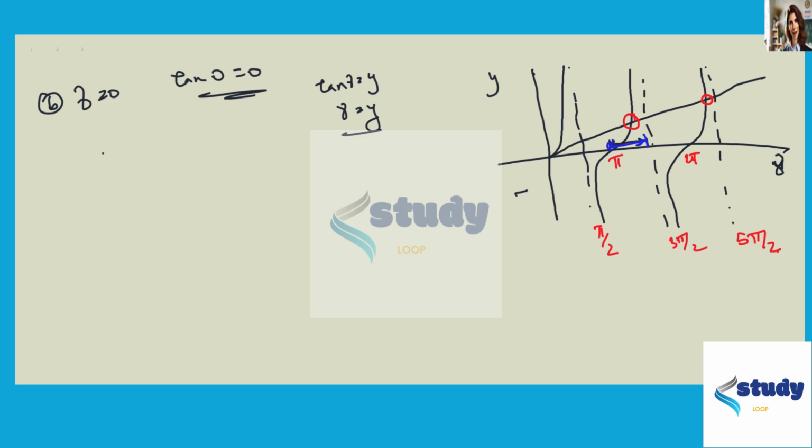We know that pi is 3.14 and 3 pi by 2 is 4.71. As you can see, this is in between pi and 3 pi by 2. So the gamma value must be in between these numbers. So let's start trying with 4.6.